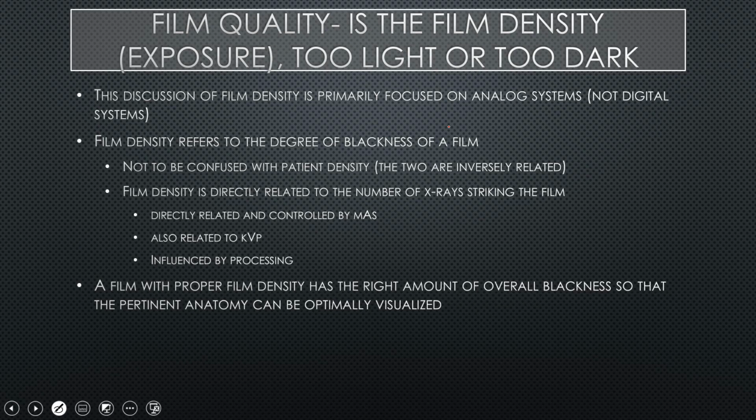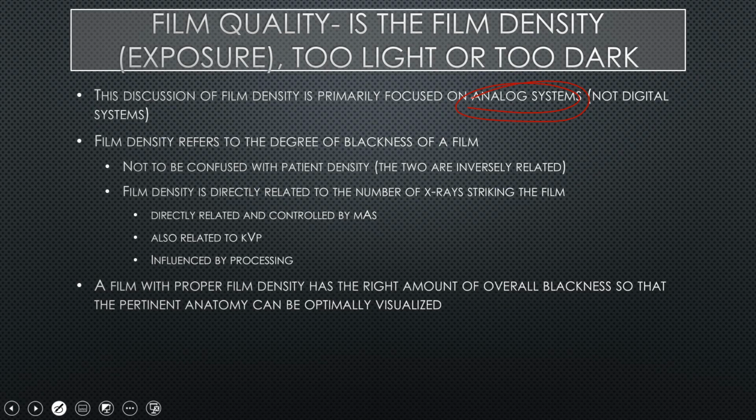Alrighty, next, is the film density or the exposure, is it too light or is it too dark? It says here this discussion is primarily focused on our analog systems, so our film-based systems. Film density, or you may remember optical density, is the degree of blackness on the film.